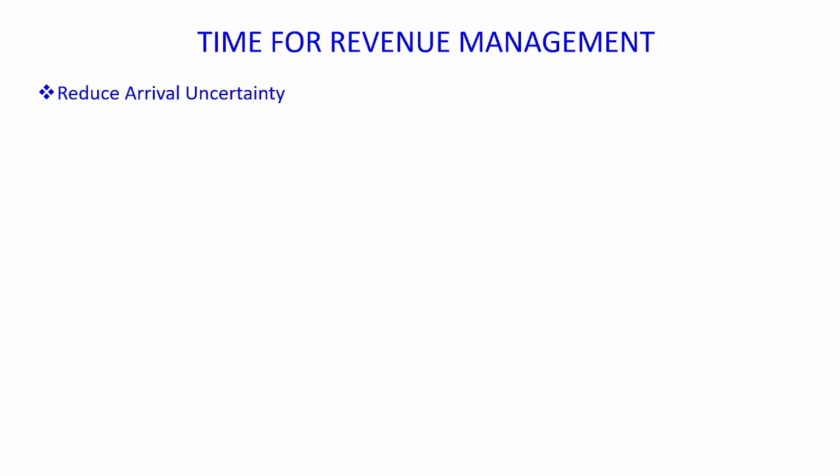If any guest is not coming, we lose revenue. That is why we have to control. We have to manage arrival uncertainty. So how do we do that? We have a few different ways as follows.